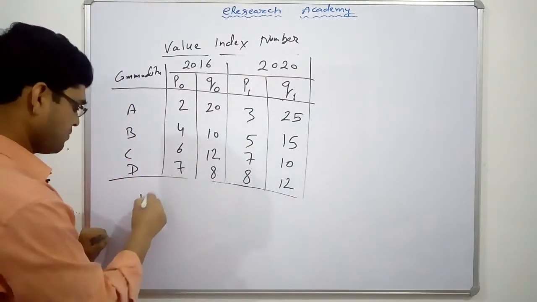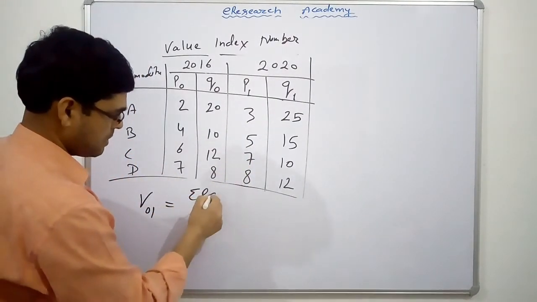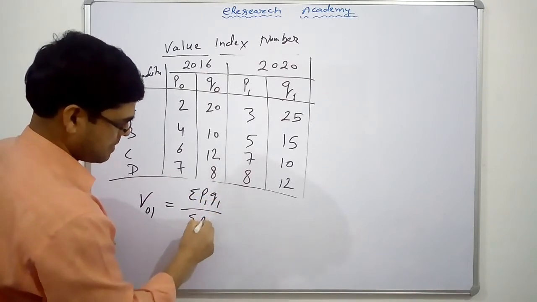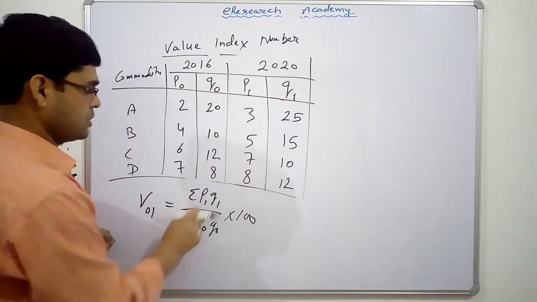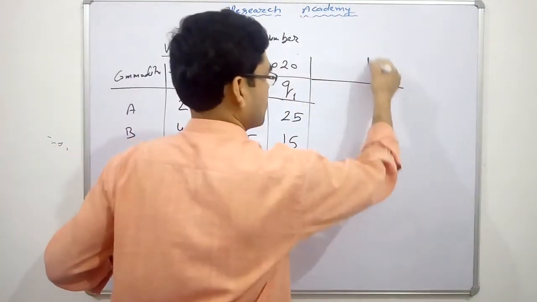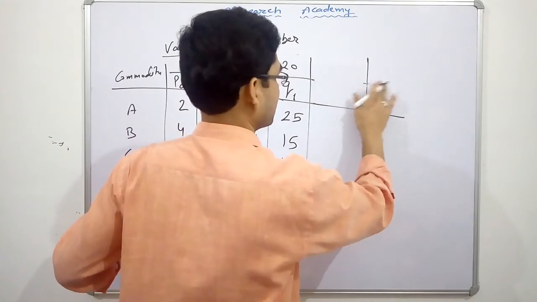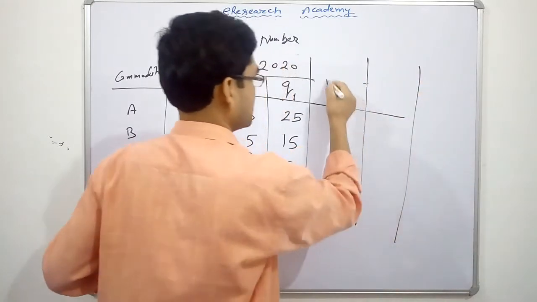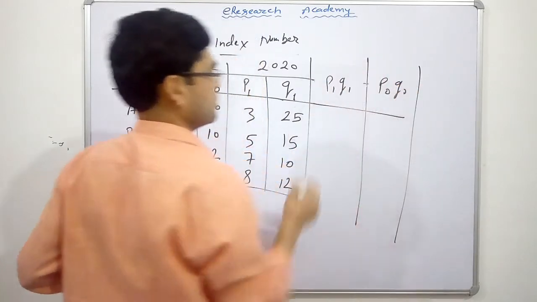What is the formula? V01 equals sigma P1 Q1 upon sigma P0 Q0, into 100. So we need these two columns, P1 Q1 and P0 Q0.